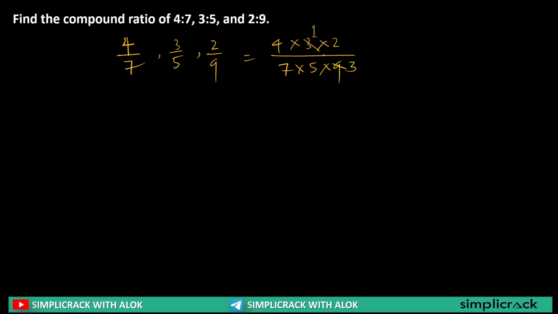Now can this be simplified further? No sir, it can't be simplified. So 4 into 1 into 2 is equal to 8, 7 into 5 is equal to 35, into 3 is equal to 105. So this is the compound ratio of 4:7, 3:5 and 2:9. Okay, I hope this is clear to all.